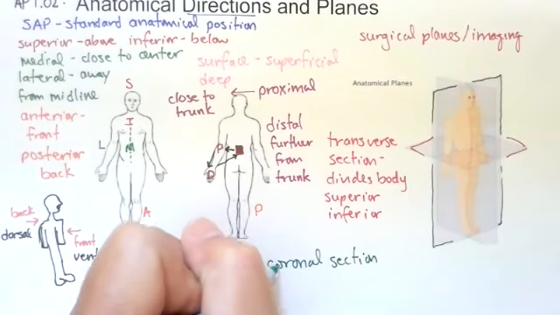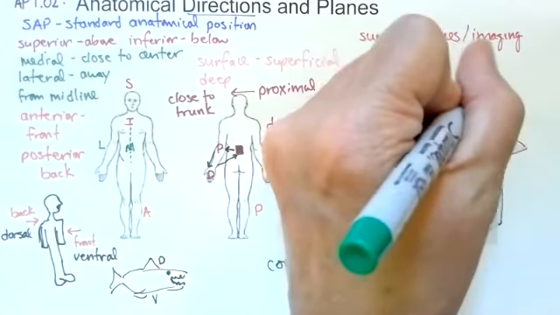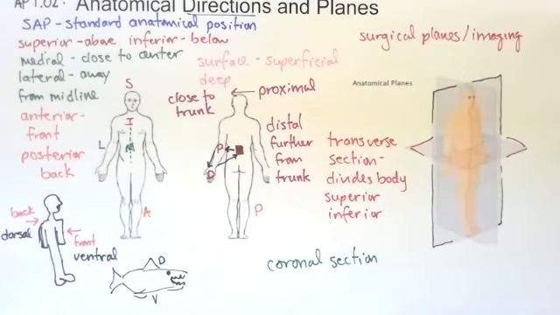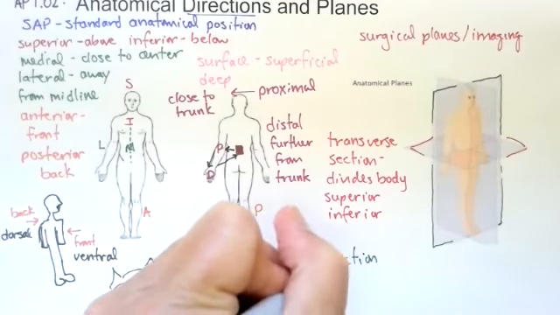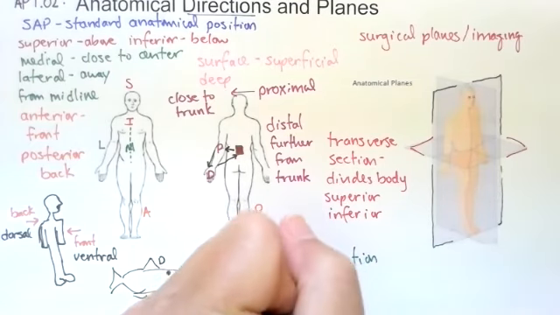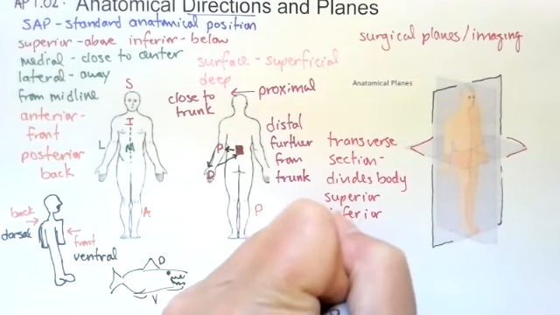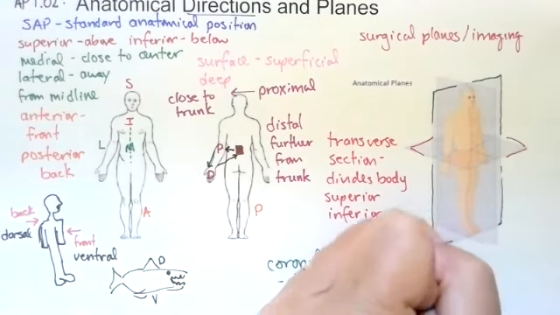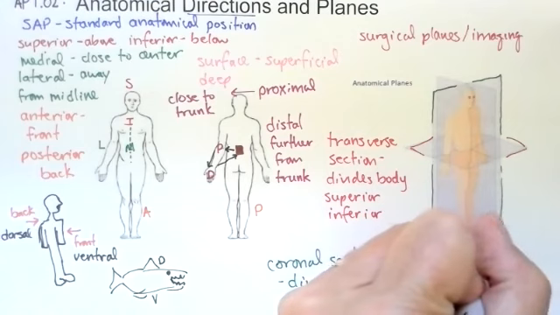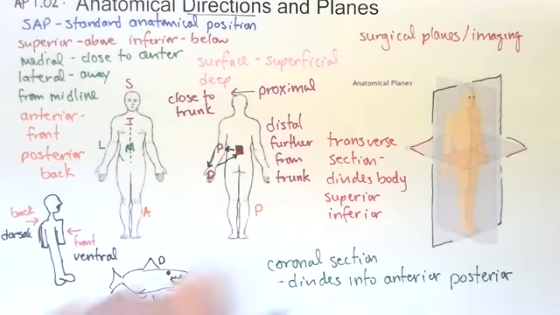Coronal ties to crown, and so if you think about wearing a crown there, that's one way you can remember it. So this divides the body into anterior and posterior. And the face remains intact.